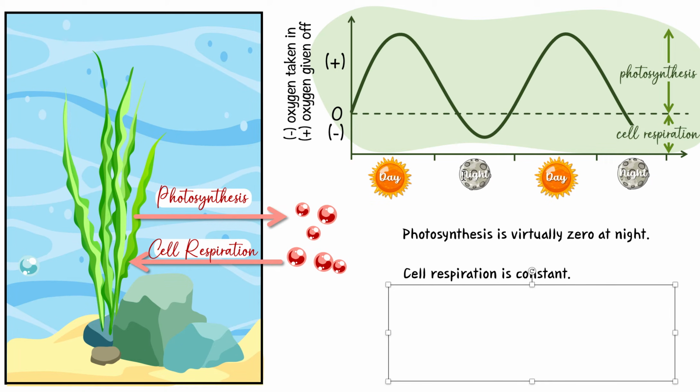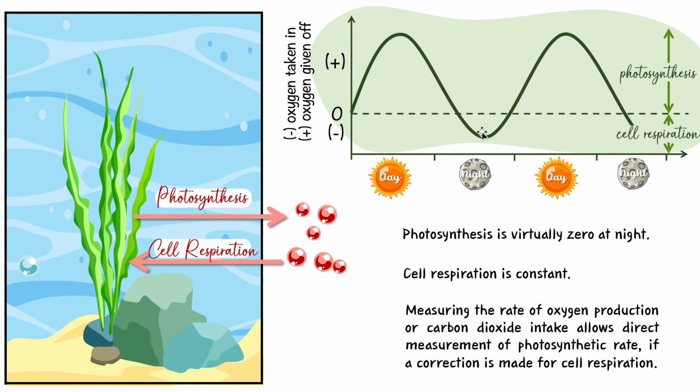But photosynthesis is not constant. During the day, photosynthesis is happening, but at night, it's basically zero. So at this moment, cell respiration is constant, this moment it's constant, this moment it's constant. But photosynthesis is only good here, and there's nothing here, good here, nothing here.